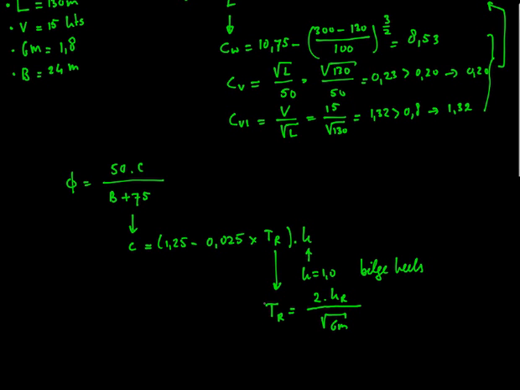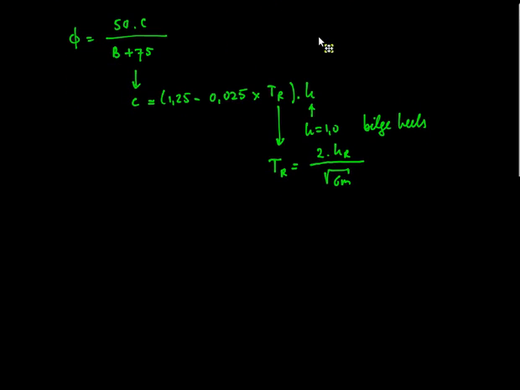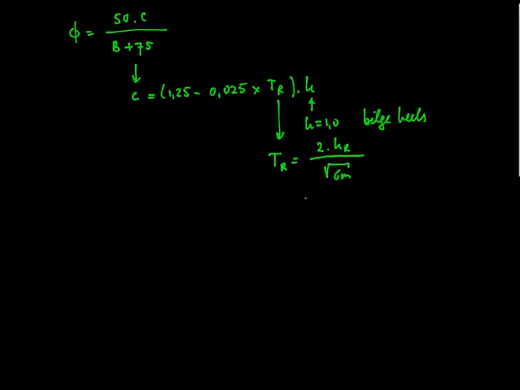So the kr, I have to move the screen a little bit. So here we say that the kr, the radius of gyration for roll, is something like 0.39 times the beam of the vessel, 0.39 times 24 equals 9.36 meters.